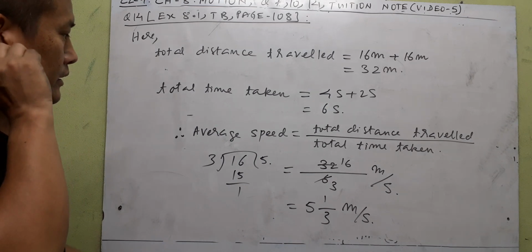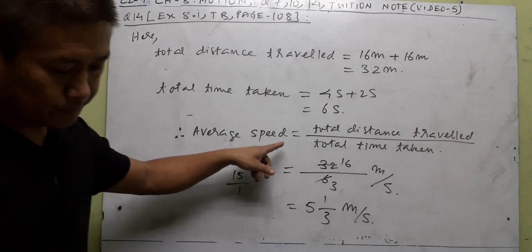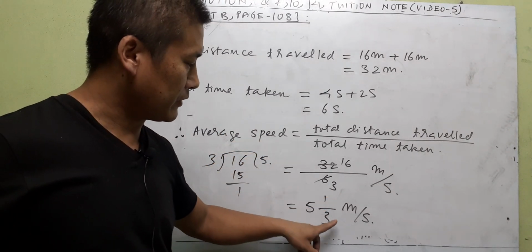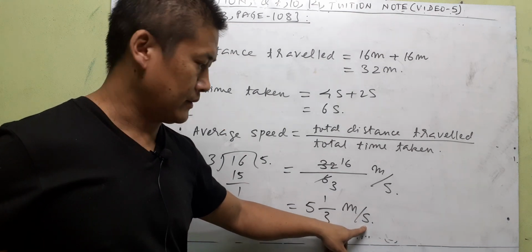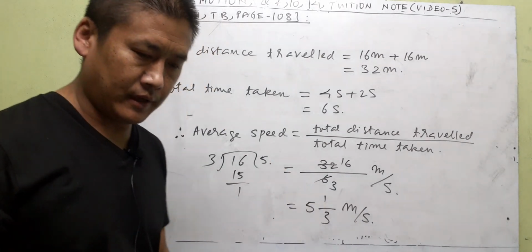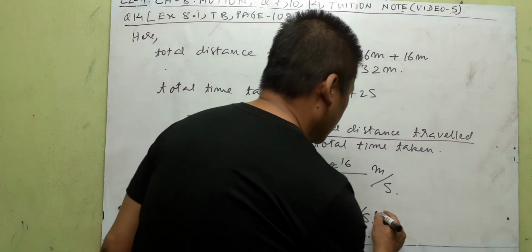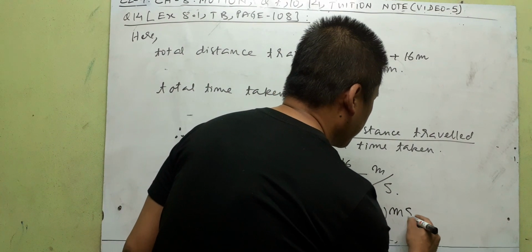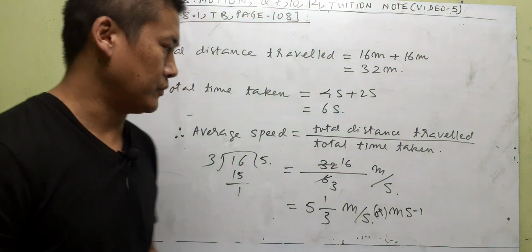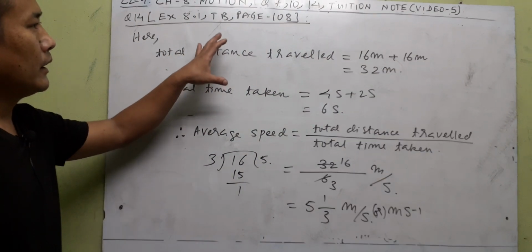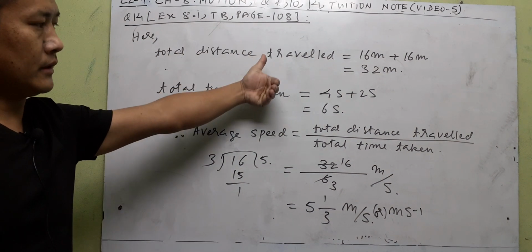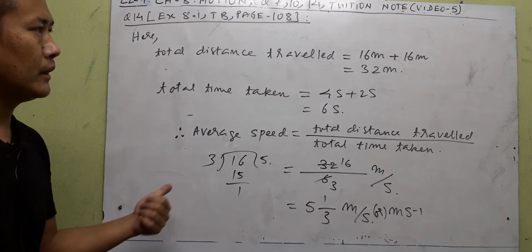Okay. So the average speed of this object is 5 1 by 3 meter per second. Slightly more than 5 meter per second. In the textbook you will find it frequently written like this also. That's up to you. So this concludes the video 5. This class will continue in the next class.